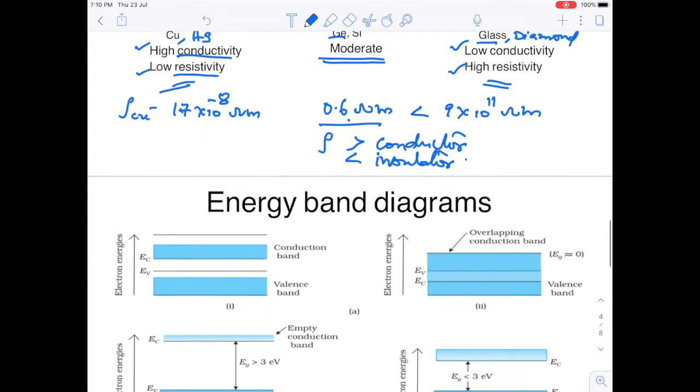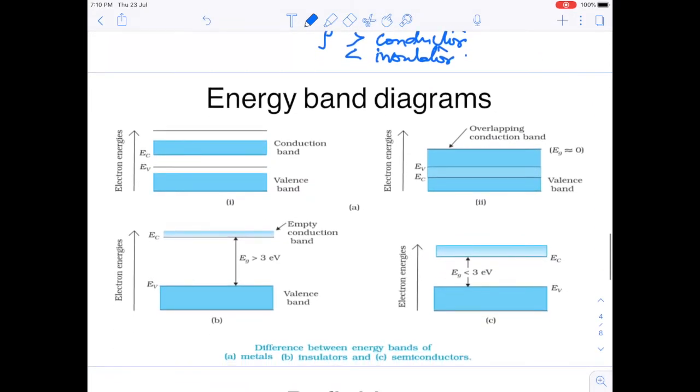There is another classification based on energy band diagrams. The valence band and conduction band, I will discuss about these energy bands in my next videos. If you consider metals, these two bands overlap. In insulators, there is a wide gap between them, greater than 3 electron volts, the gap between the conduction band and valence band.